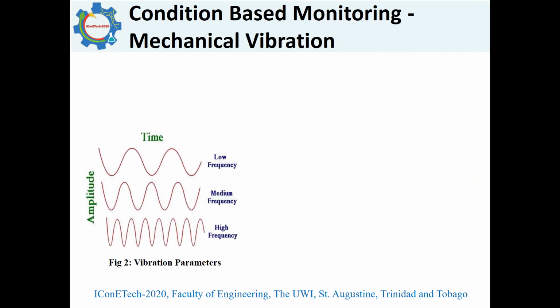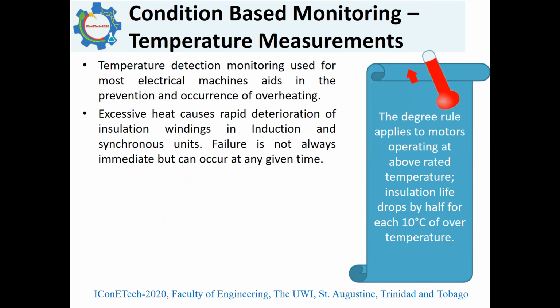So temperature detection is an effective global monitoring technique used for most electrical machines, aiding in the prevention of overheating. Excessive heat causes rapid deterioration of insulation windings in induction and synchronous units. A combination of this thermal, electrical, mechanical stress coupled with the environmental stress can cause your windings to age over time.